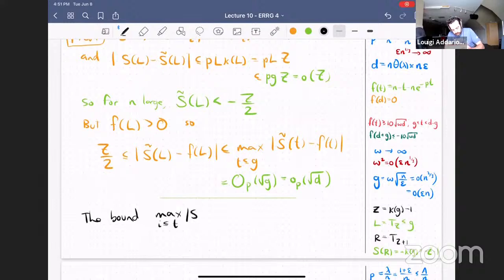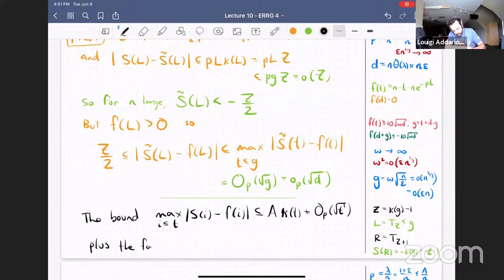So we know that this error is at most a kappa t plus order root t in probability, but also we know that kappa r is just z plus 1. We finished exploring our z plus first component at time r, which is now, we know that's little o of root d.